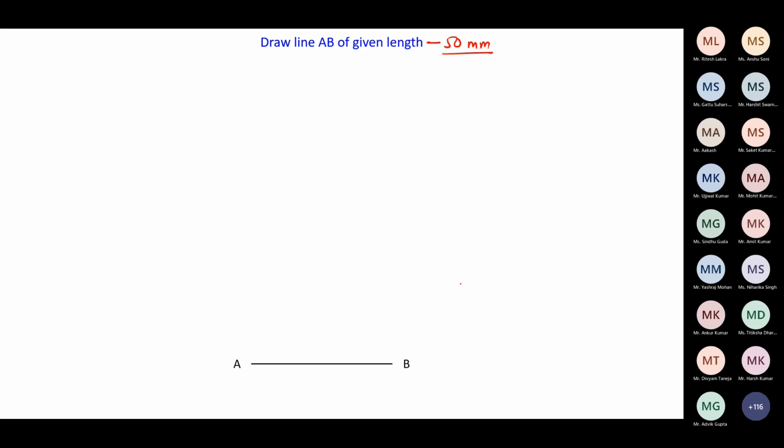The next task, now we start the construction. This line AB is one of the sides of the polygon, and whatever remaining construction we are doing is all the construction part.